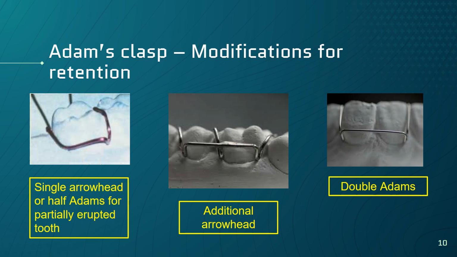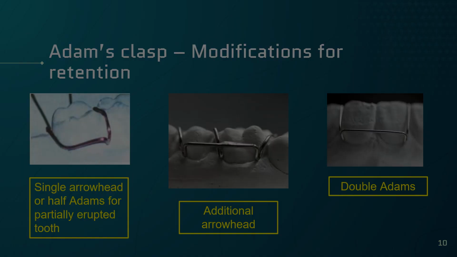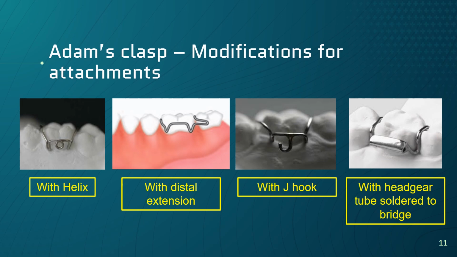To gain additional retention, we can put an additional arrowhead on an adjacent tooth, or we can put the bridge across two teeth, which is known as a double Adams. Other modifications are that we can put a helix on the bridge, or have a distal extension, or a J hook soldered to the bridge.